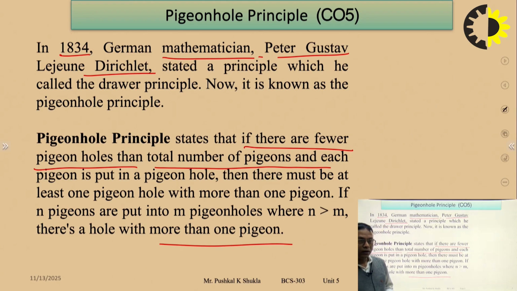We can also elaborate this principle: if there are m pigeonholes and n pigeons and n is greater than m, then there must be at least one pigeonhole which has two or more pigeons. This is also elaborated like this: if there are n pigeonholes and n plus 1 pigeons, then there must be at least one pigeonhole which has more than one pigeon.